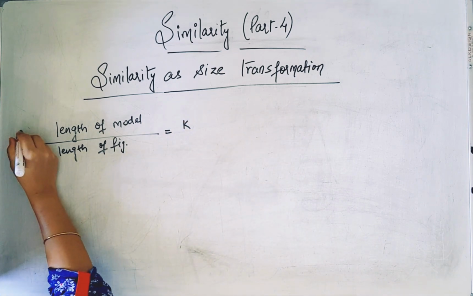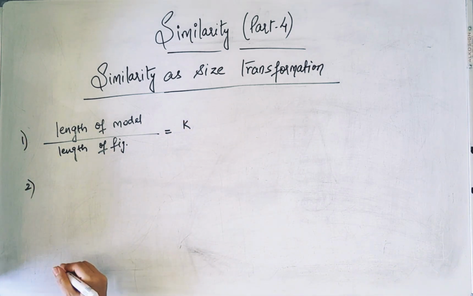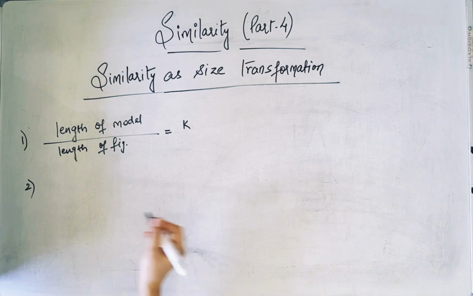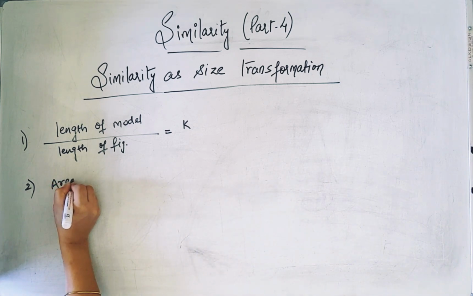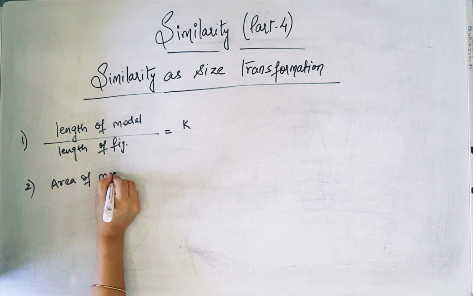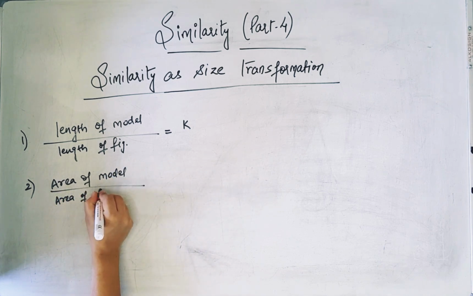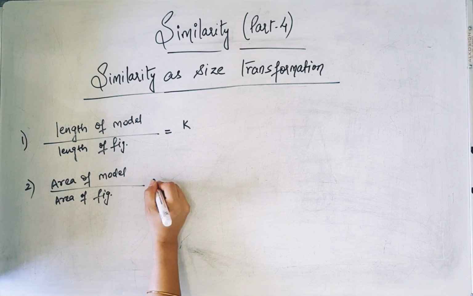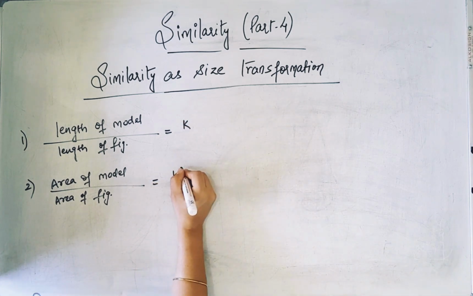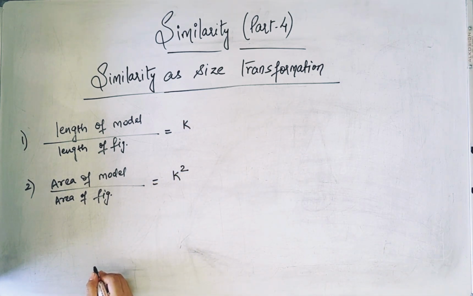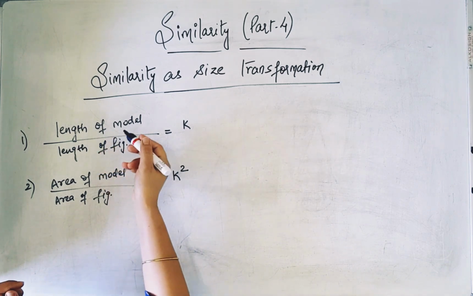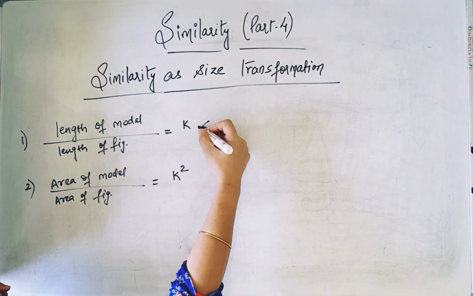K. But if a second concept comes, if they are asking about transformation related to area, that is area of model by area of figure, if the transformation is related to area, then the scale factor becomes k square. If it is related to length, breadth or height, the scale factor is k.